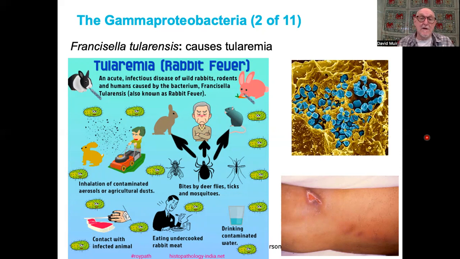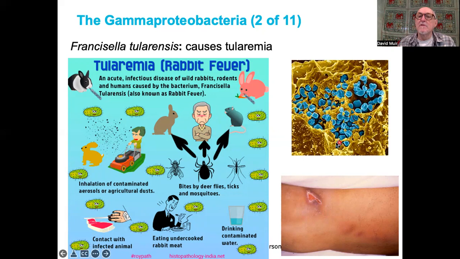And Francisella can be transmitted by any of these as a vector. So when it does, it has quite a complex life cycle, which I won't go into, but it is actually ingested by macrophages and transported around the body, and especially to the lymph nodes, and causes a systemic infection.